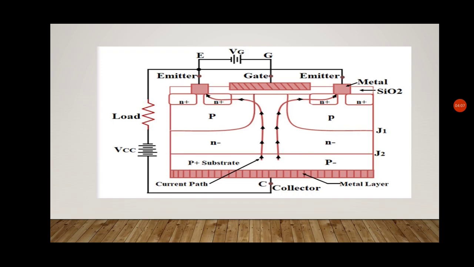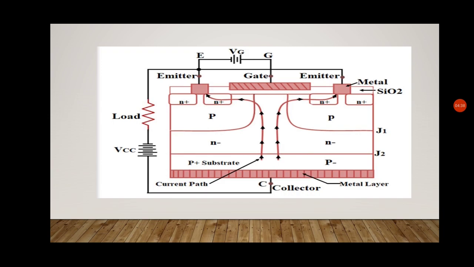Now, IGBT is constructed with 4 layers of semiconductors sandwiched together. This you can see in the diagram. The layer closer to the collector is the P plus substrate layer. Above that is the N negative layer. Another P layer is kept closer to the emitter and inside the P layer we have the N positive layer.